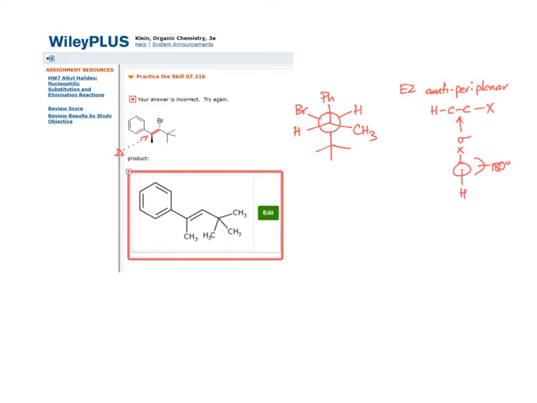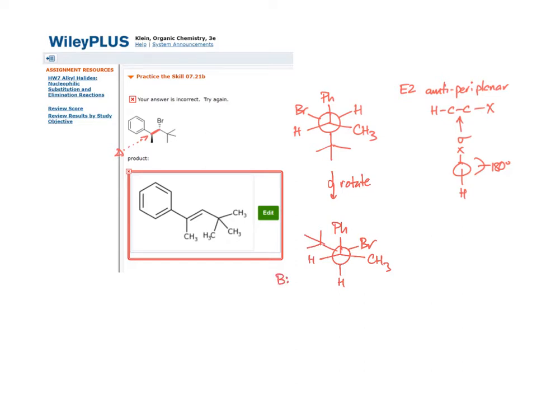So what we need to do is orient this H and this Br 180 degrees. So I'm going to rotate the back, and leave the front carbon as is. I need to do a rotation that places the bromine here. That's going to place this hydrogen down, and then this tert-butyl group over here.